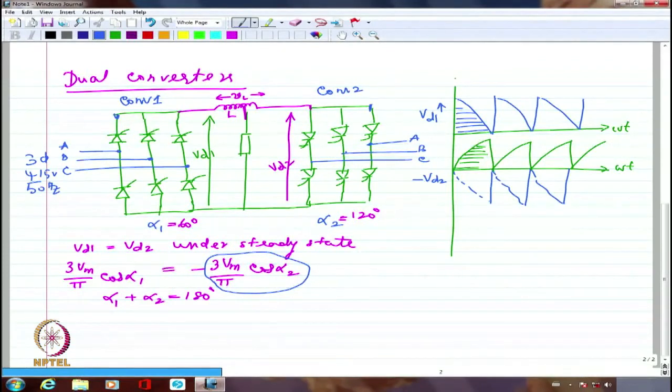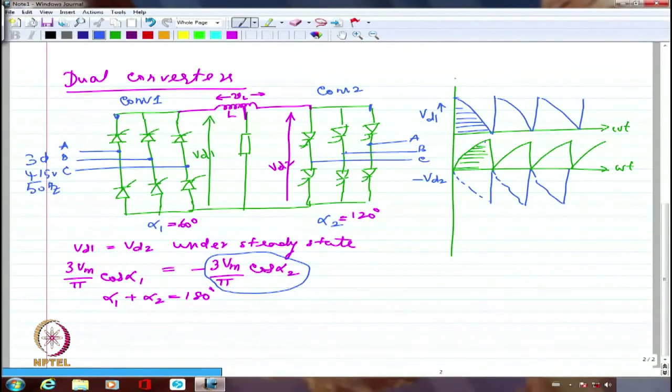This is like the 120-degree point of VAB, and then it is coming down to 0 because the 180-degree point is that particular point. The same is true even in the other case, although it is starting from 0 and maybe going up to 60. That's all.